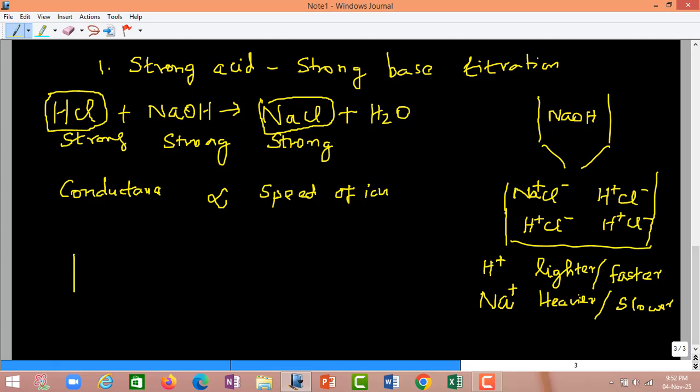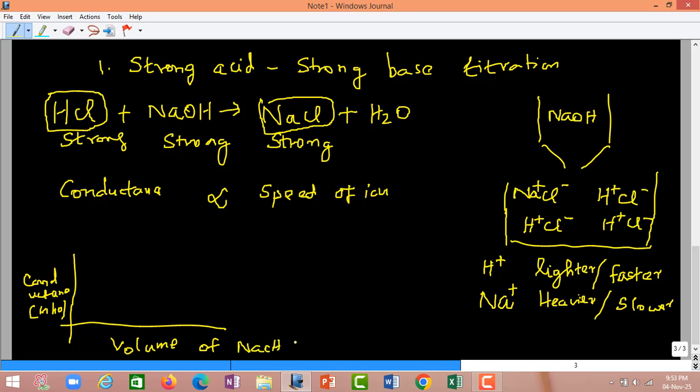And so if we draw the graph between conductance on the y-axis, the unit is mho, and volume of the titrant, volume of the burette solution. The burette solution in this case is sodium hydroxide.